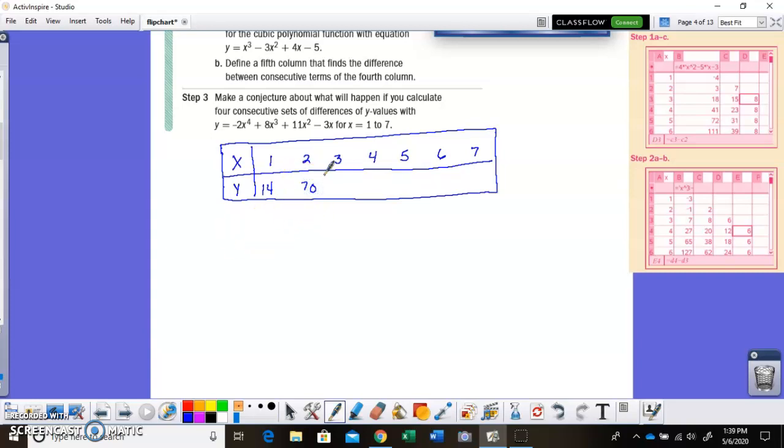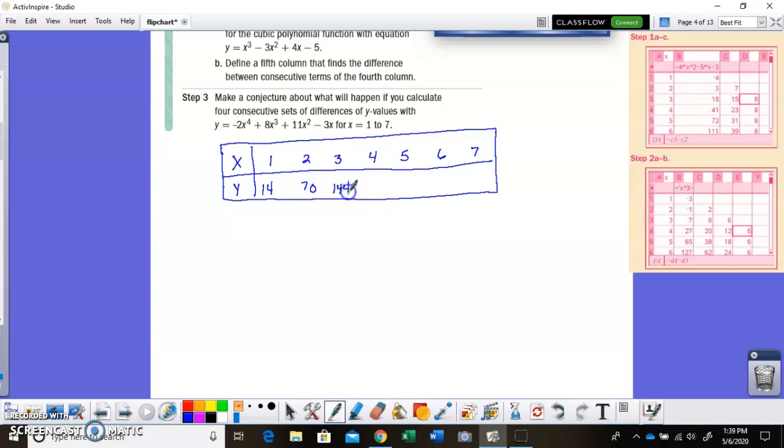Now this time I'm going to put 3 in. So I've got -2 times 3 to the 4th power, 8 times 3 to the 3rd power, 11 times 3 squared, and minus 3 times 3, which gives me 144.